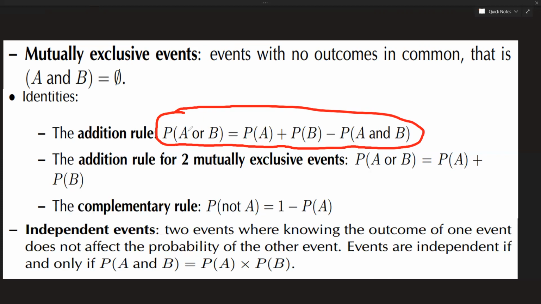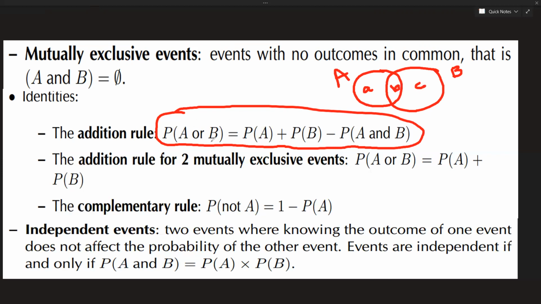So it says probability of A or B. Actually, let's draw a Venn diagram here too, so that it makes more sense. So I have event A here. I have event B here. Let's say I'll call the regions small a, small b, small c.